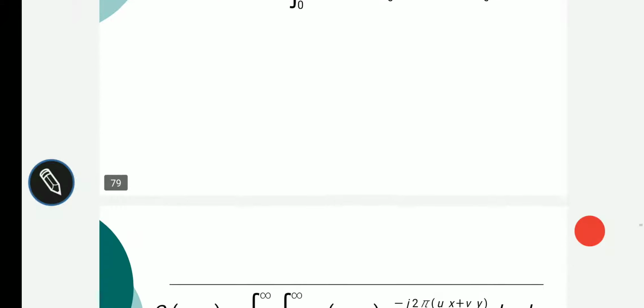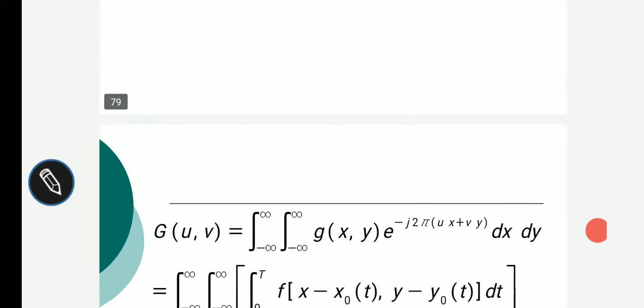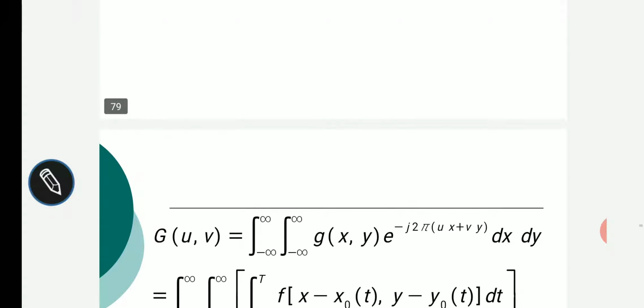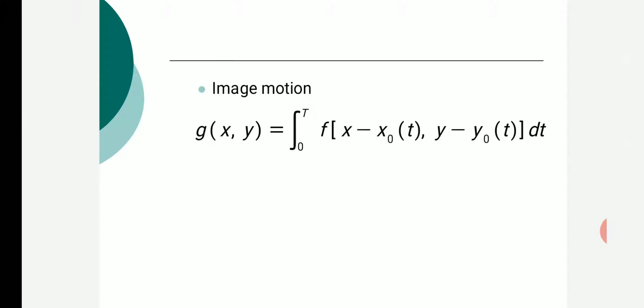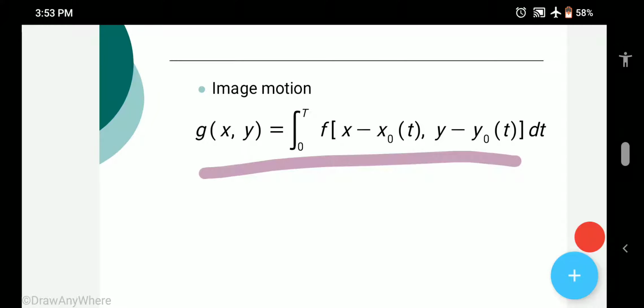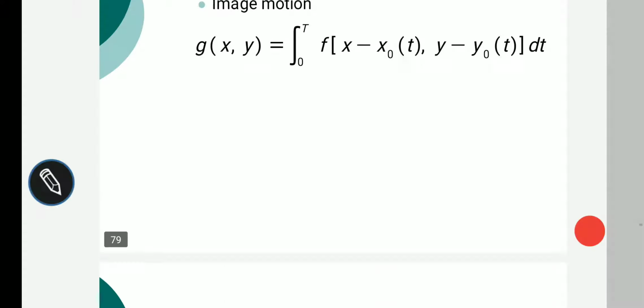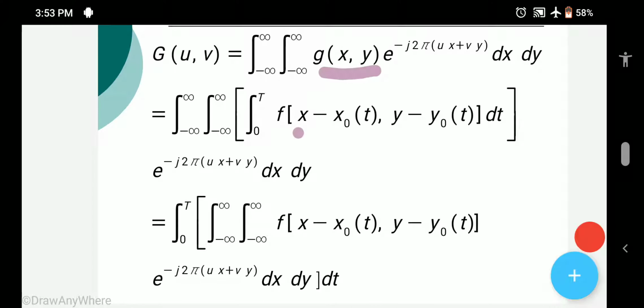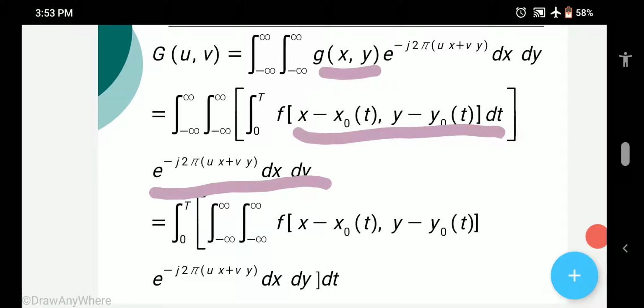Now from the above, we know that G of u comma v is the double integral from minus infinity to plus infinity of g of x comma y e raised to minus j 2 pi (ux plus vy) dx dy. Now substituting the previous equation in place of g of x comma y, the remaining terms stay as they are.